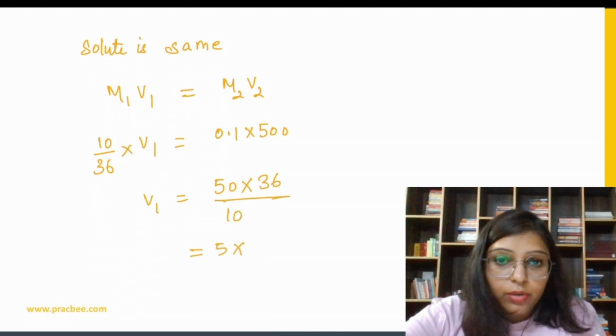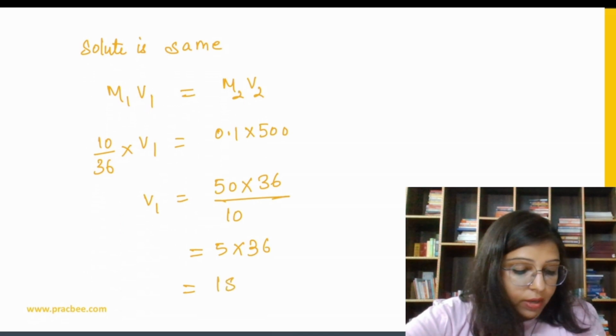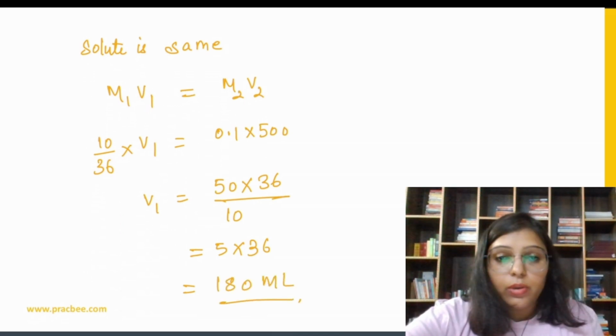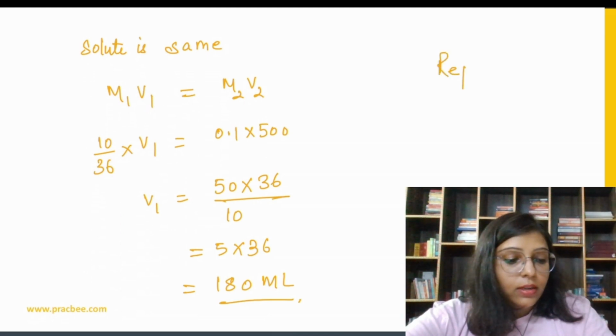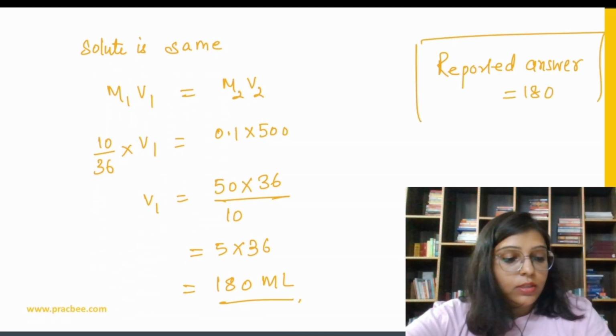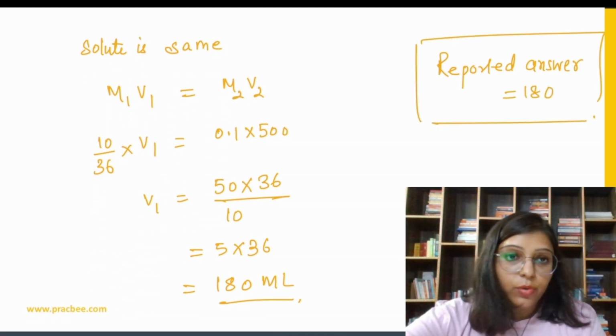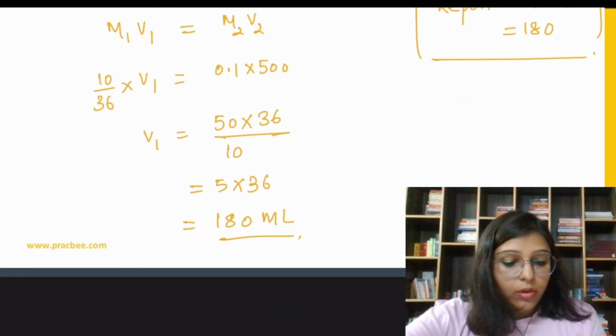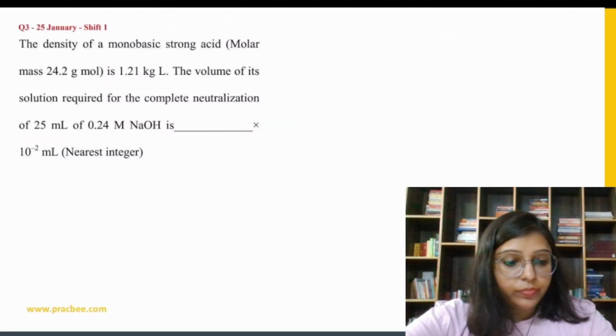So that is 5 into 36, which is equal to 180 ml. So the reported answer is 180. Okay, let's do the next question.